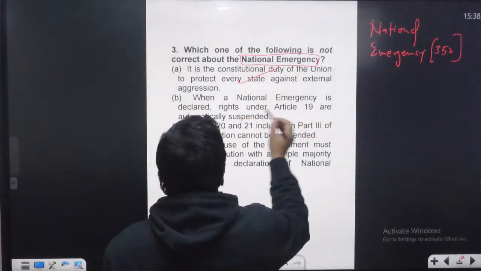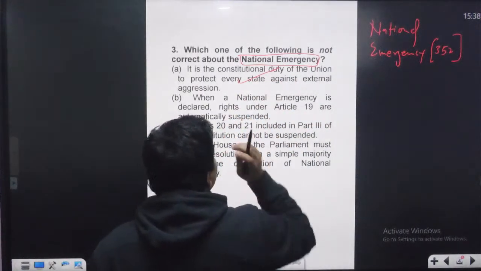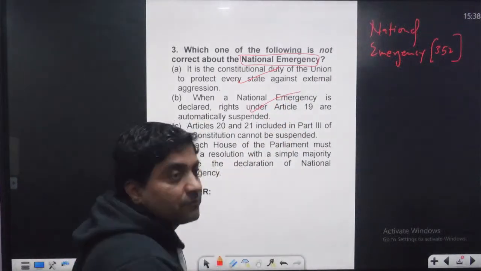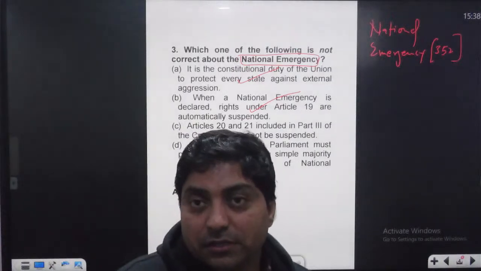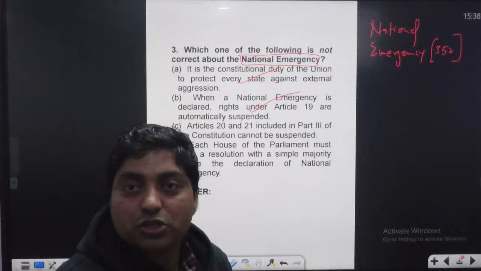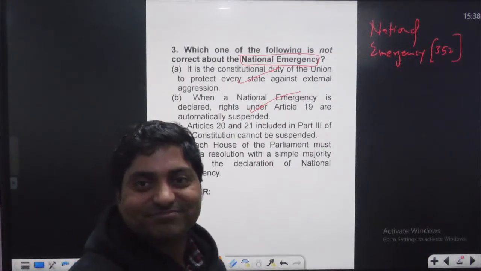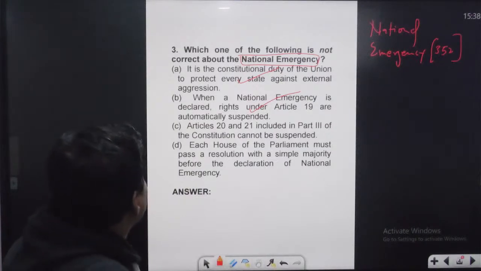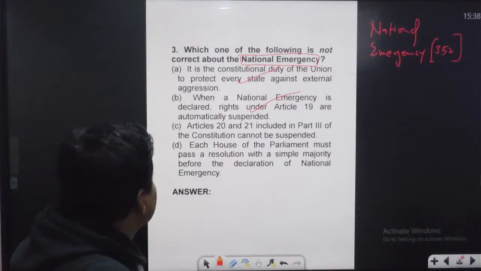When a national emergency is declared, rights under Article 19 are automatically suspended. Rights under Article 19, that is right to speech and expression, are automatically suspended. Now, you can see Article 20 and 21 included in Part 3 of the Constitution cannot be suspended.